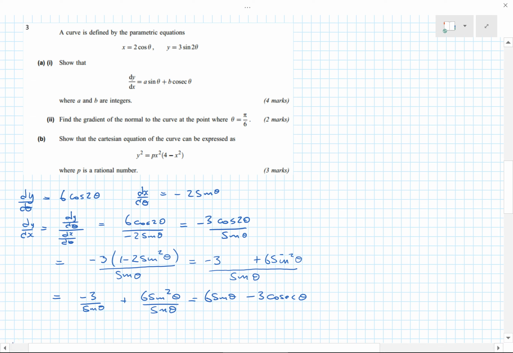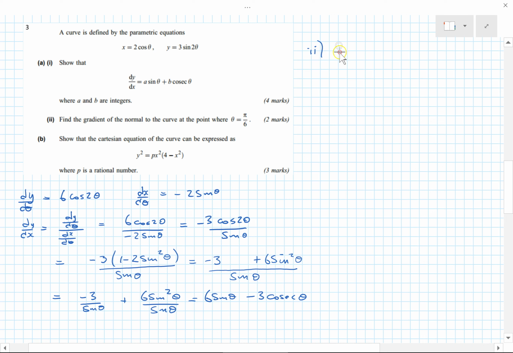Right, the next part 2, is find the gradient of the normal. It doesn't want the equation, just the gradient. So we're subbing in pi by 6 first of all.